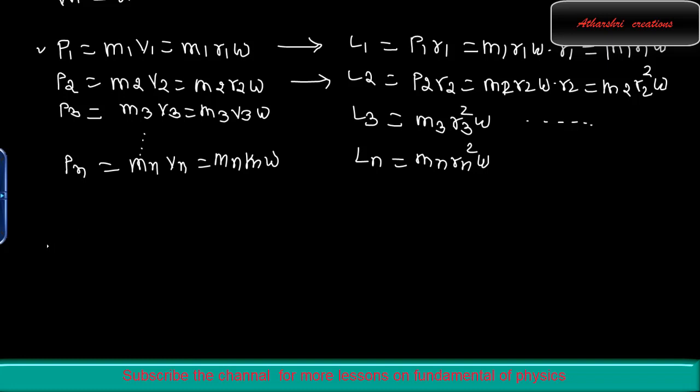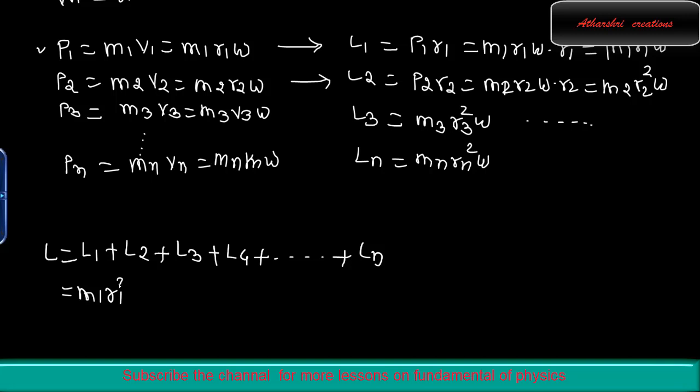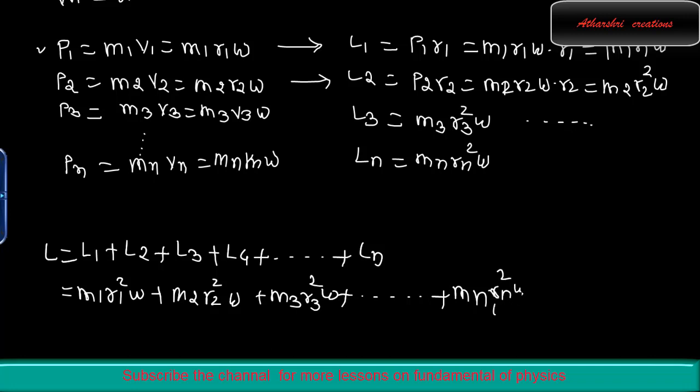The total angular momentum of the body L is equal to L1 plus L2 plus L3 plus L4 up to the last Ln, which is equal to m1 r1 square omega plus m2 r2 square omega plus m3 r3 square omega plus, last, mn rn square into omega.